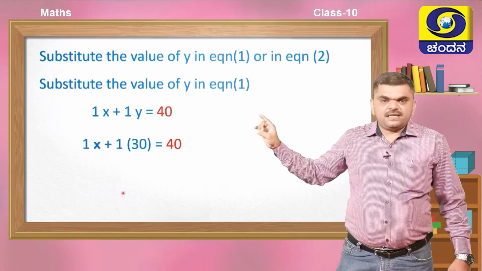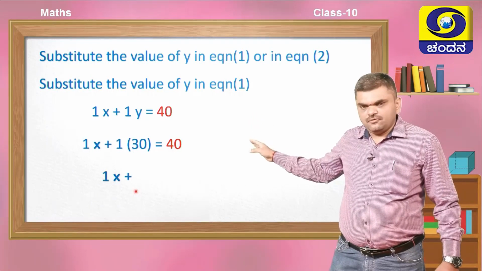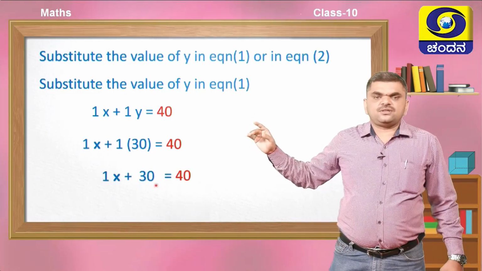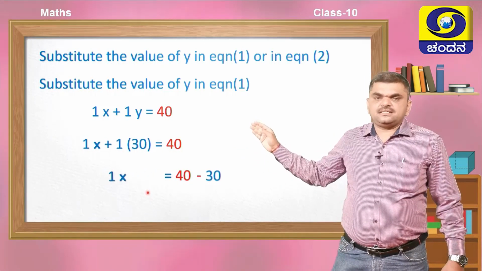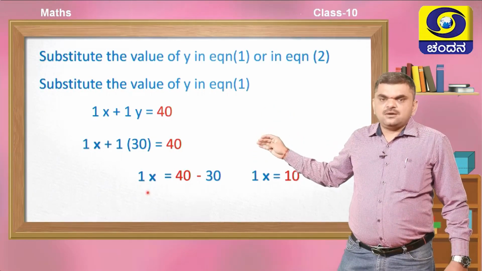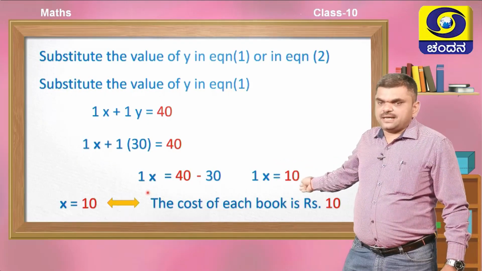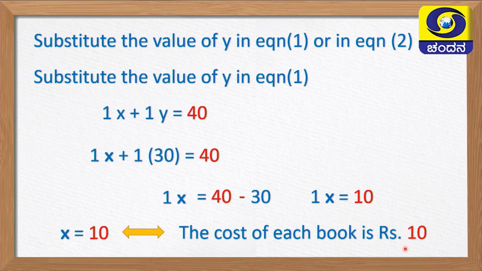What is equation number 1? 1x plus 1y is equal to 40, and in the place of y I am going to substitute 30. 1x plus 1 into 30 is equal to 40. Take 30 to the right side, which becomes minus: 1x is equal to 40 minus 30, 1x is equal to 10, which means x is equal to 10. Here the cost of each book is 10 rupees.